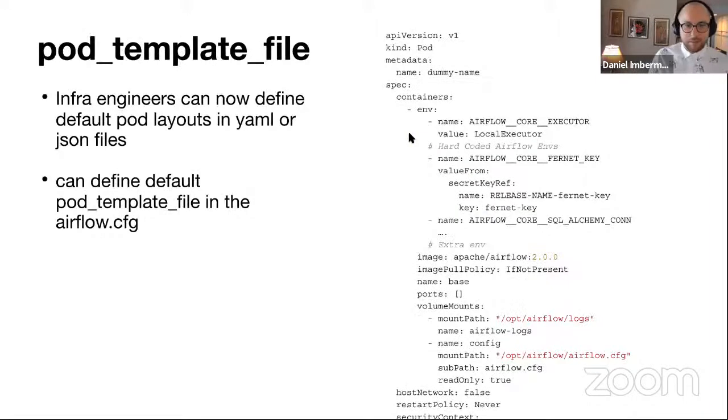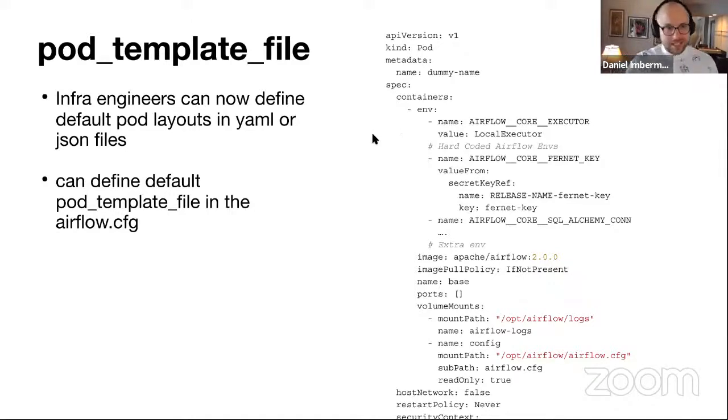So let's talk a little bit about what the pod template file is. The pod template file is essentially a YAML file where you define a pod the same way that you would if you were launching a Hello World pod into Kubernetes.